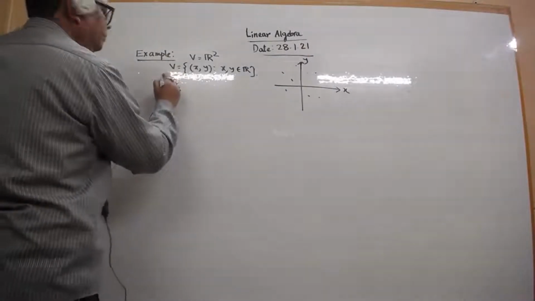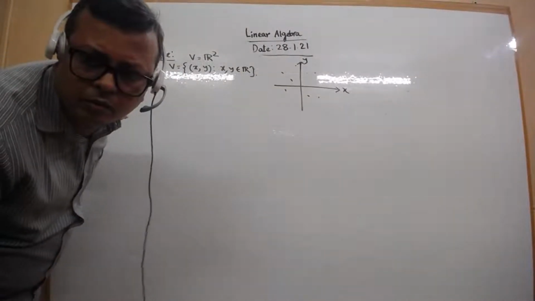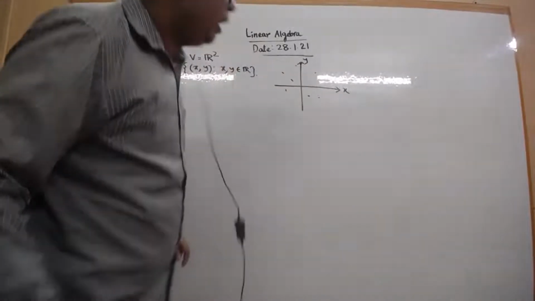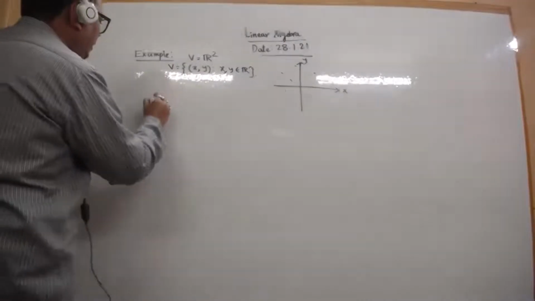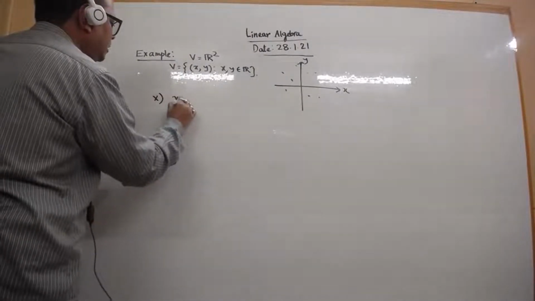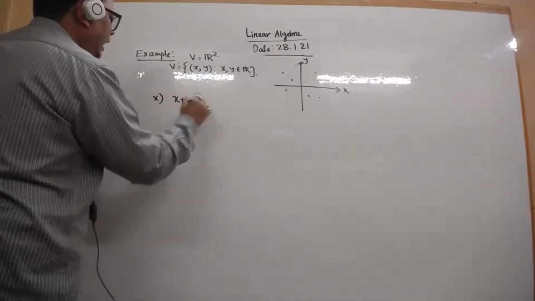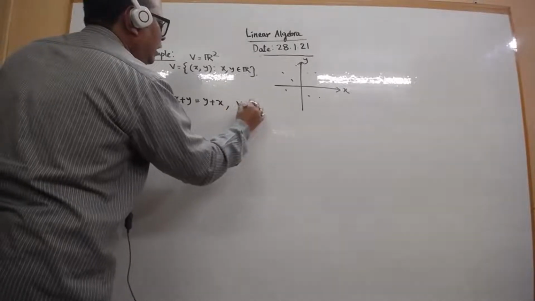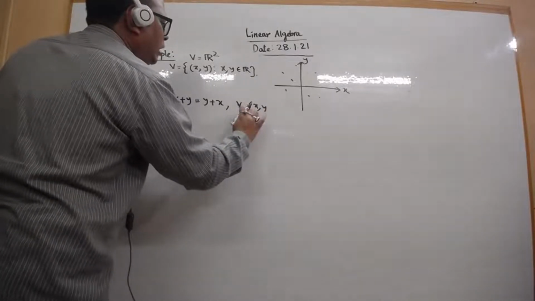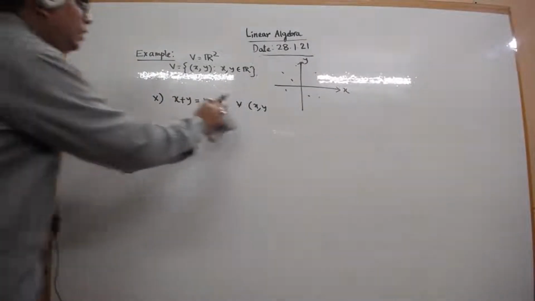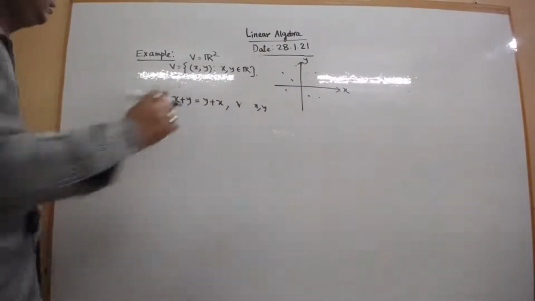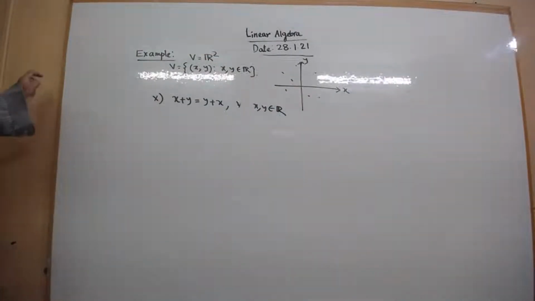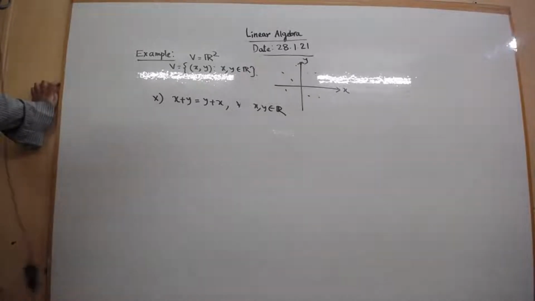Sorry, I forgot to mention one more property, property number 10, that is commutative: x plus y equals y plus x for all x, y. So the vector space satisfies all these 10 properties.